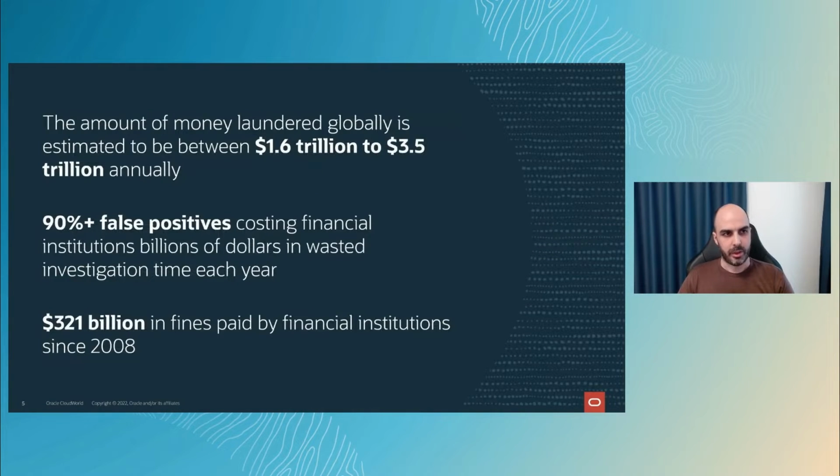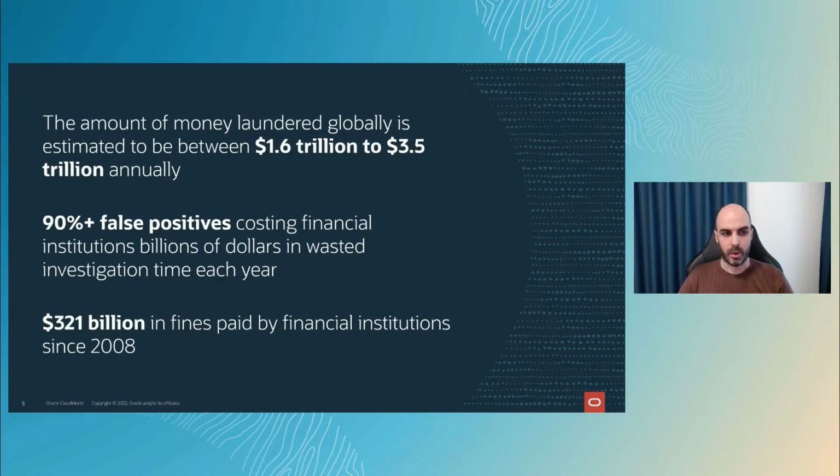We can start with a few figures here to motivate the importance of this field. The amount of money laundered globally is estimated to be between 1.6 trillion and $3.5 trillion annually. The 90+% false positive rate is costing financial institutions billions of dollars in wasted investigation time each year.